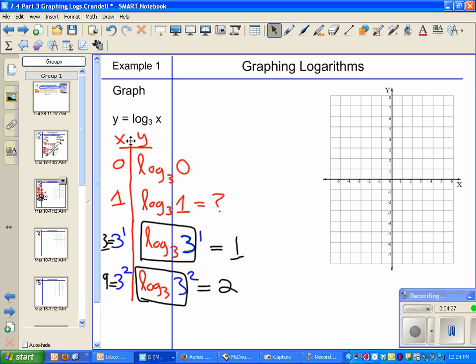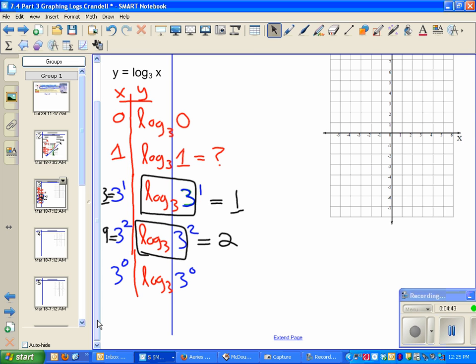All right, so what are some other good ones? How about 3 to the 0 power? So that's going to be log base 3, and then my x is going to be 3 to the 0. So go ahead and try, what do you get? Log base 3 of 3 to the 0 is an inverse, so on the right side it equals 0, and 3 to the 0 power is equal to 1. Right.